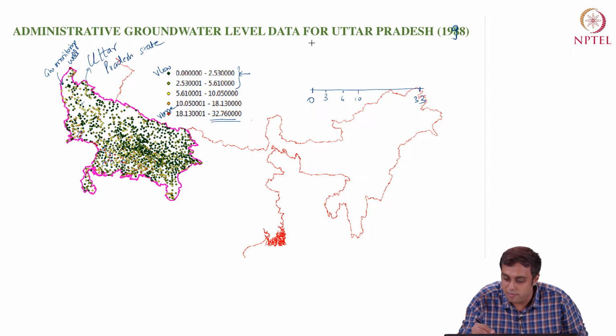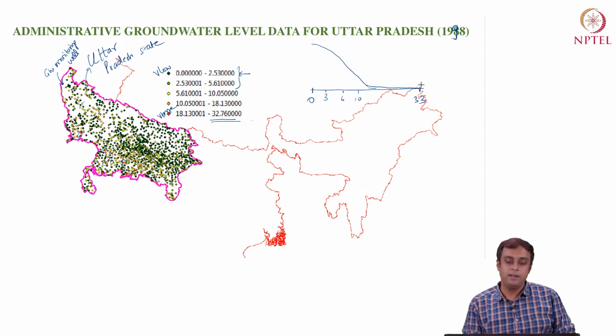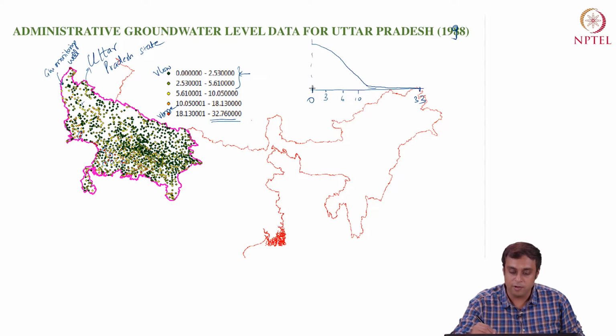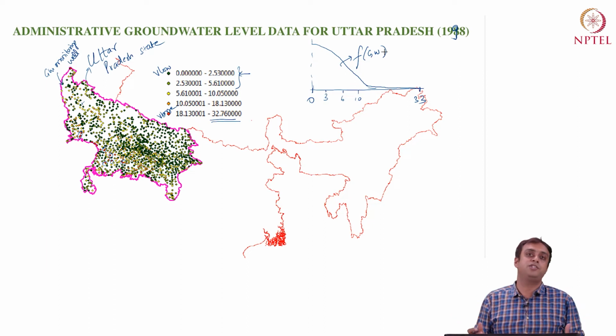So most of the data lie between 0 to 10, and after that we have some values going up to 33 or 32.8. This is our understanding of the distribution of groundwater levels for Uttar Pradesh.